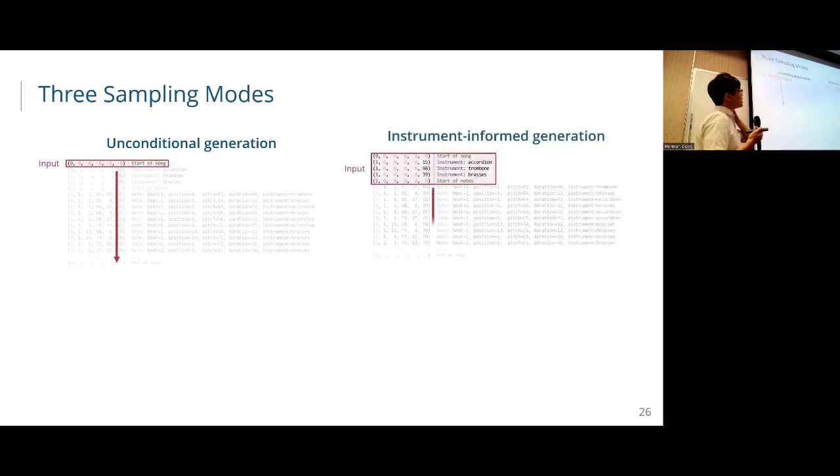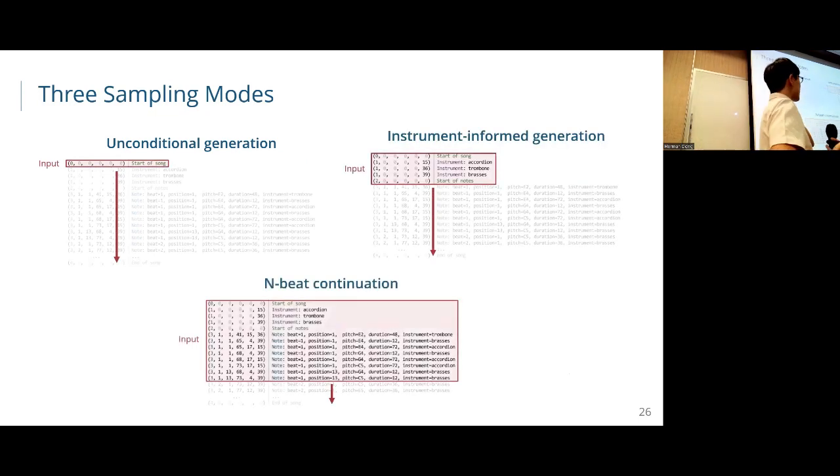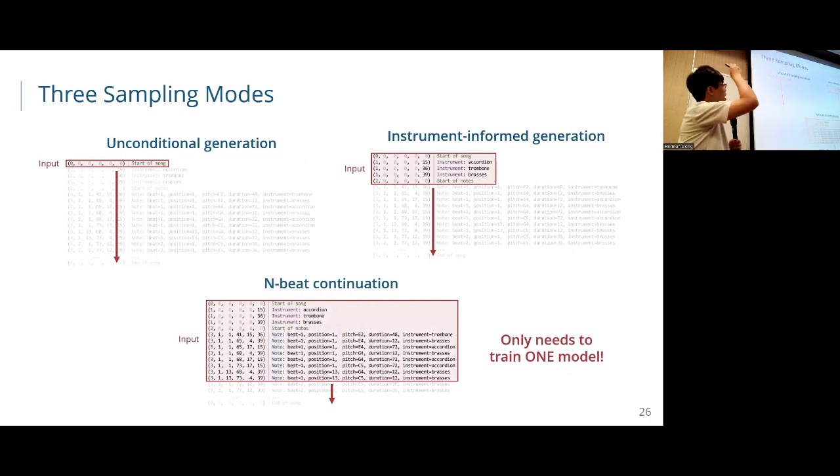One benefit of this type of representation is that we can do 3 types of sampling modes. First we have unconditional generation, where we put in the SOS token and then let it generate. We can also do instrument-informed generation, which is not possible using the previous representations.